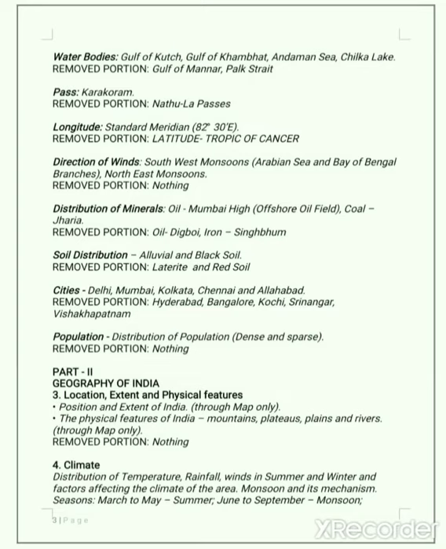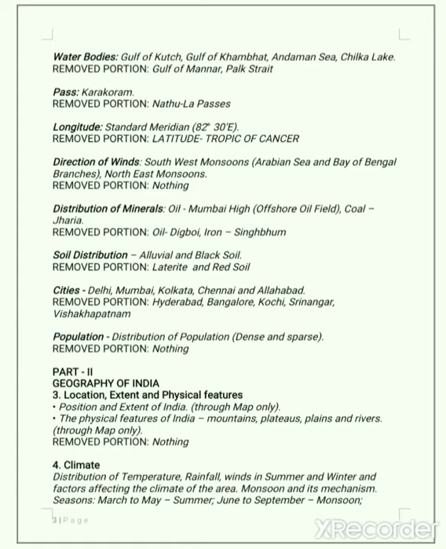The next chapter is climate of India, and here you are supposed to know the distribution of temperature, rainfall and winds in summer and winter seasons, and you are also required to know the factors affecting the climate of an area. You are expected to know monsoon and its mechanism and the seasons.